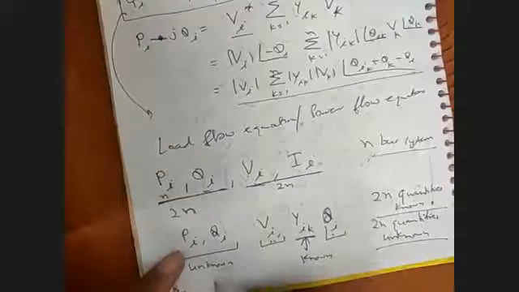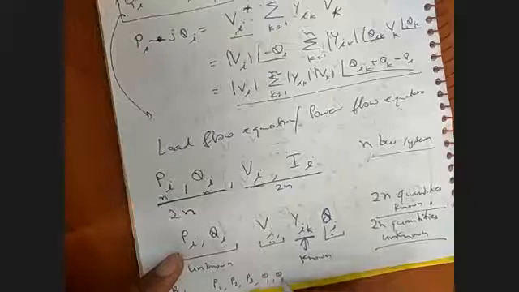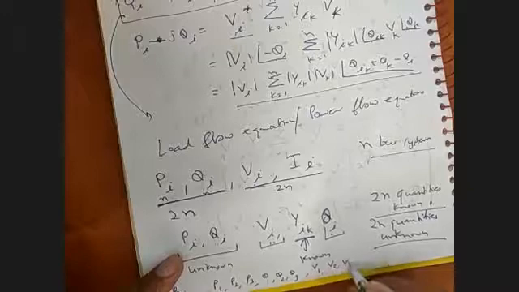That means for a 3 bus system, we have P1, P2, P3, Q1, Q2, Q3. Similarly, V1, V2, V3, and theta 1, theta 2, and theta 3. So these are your 4n quantities. Now we will assume that out of these 4n quantities, 2n quantities are known and 2n quantities are unknown.